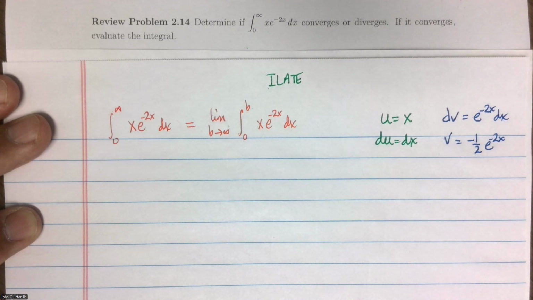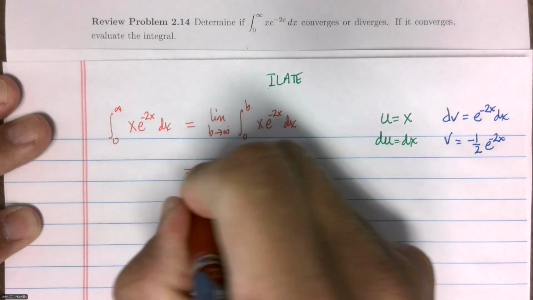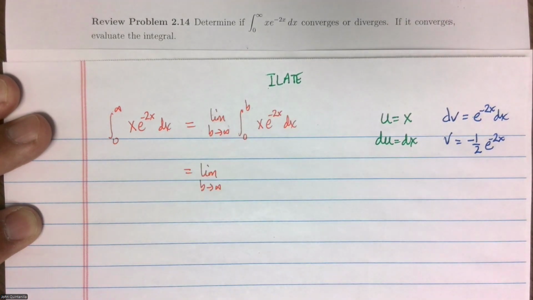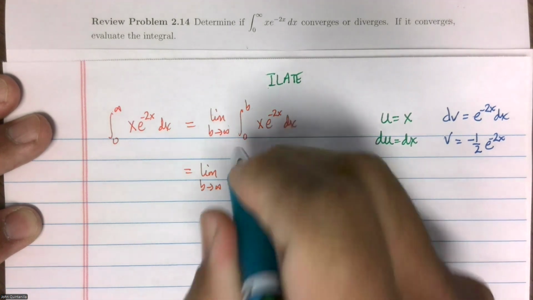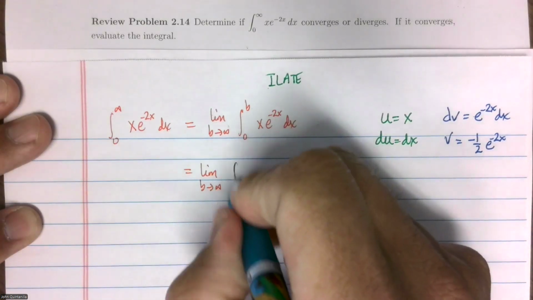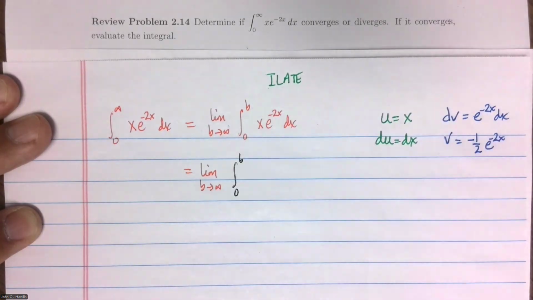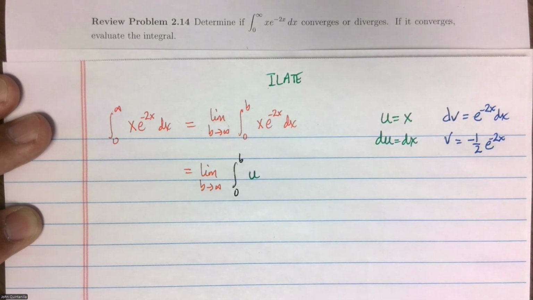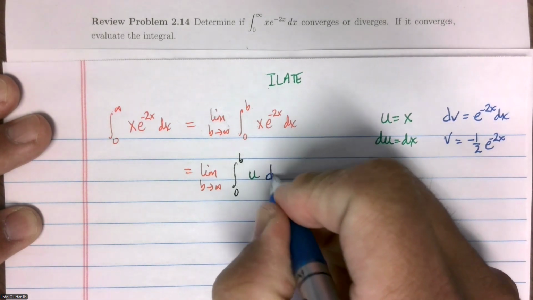Putting the parts together, we have the limit as b goes to infinity, and I'm going to keep that in red just to emphasize that it is going to come along for the ride until the very last step, of the integral from 0 to b of u dv.